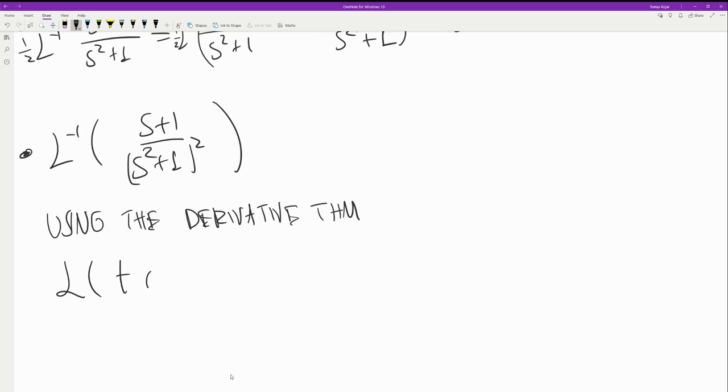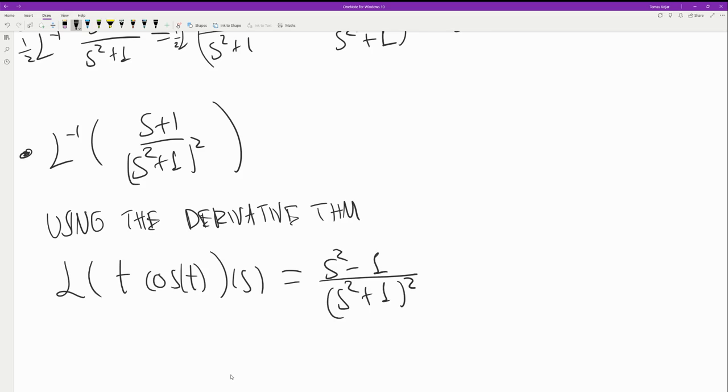Laplace transform of t cosine t is (s squared minus 1) over (s squared plus 1) squared. Or if you do partial fractions, 1 over (s squared plus 1) minus 2 over (s squared plus 1) squared.